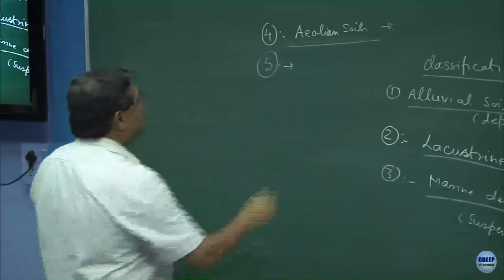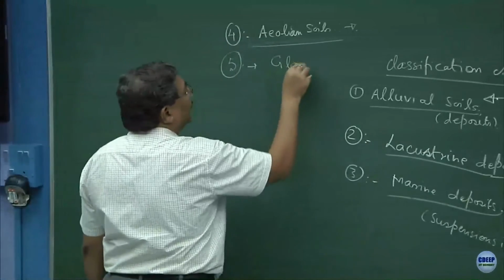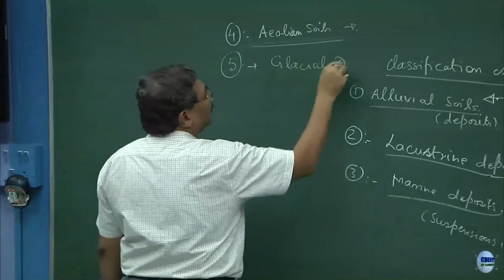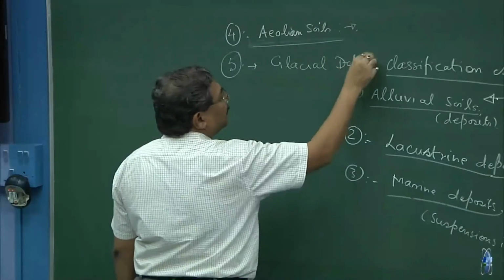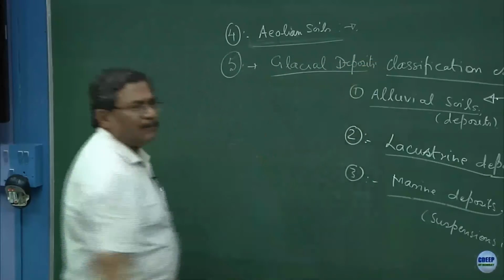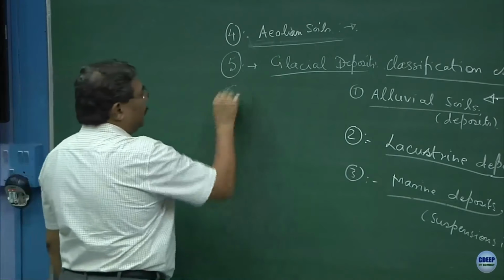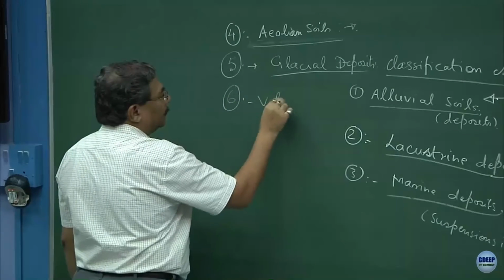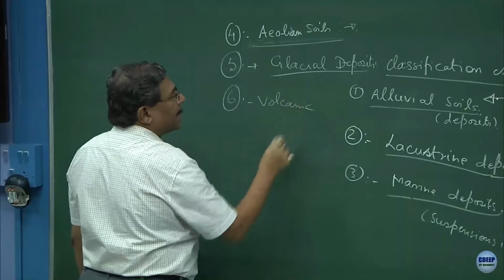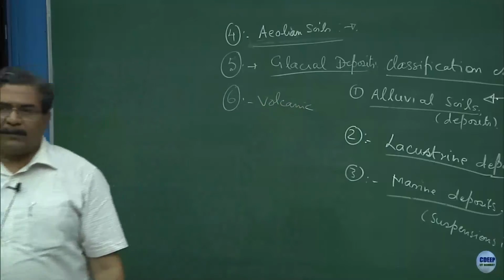Then comes the glacial deposits. I think I have given you enough idea about glacial deposits. Anything which is formed due to ice. The sixth one is volcanic. You can say volcanic deposits. Why not?